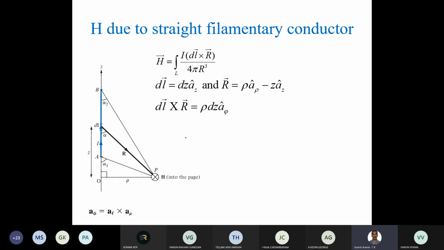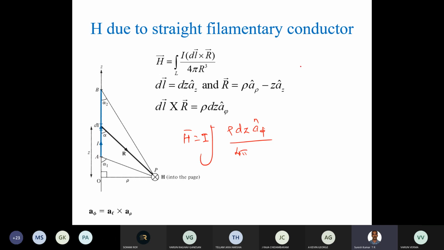Now let us plug everything into the integration. I is a constant, so move it outside. So dl vector cross r vector is rho into dz into a phi over 4 pi.